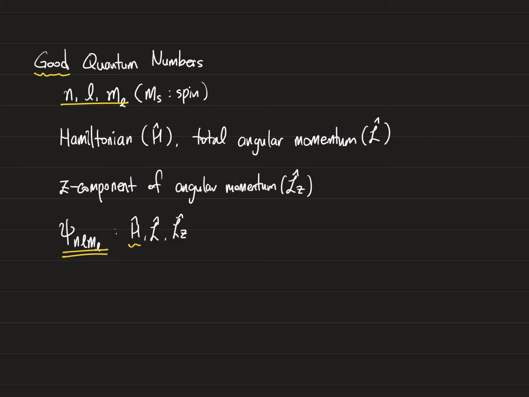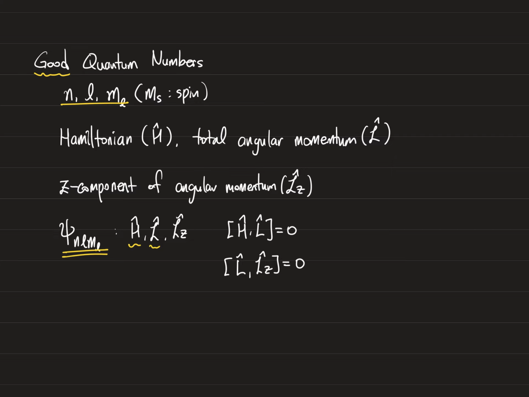We derived this wave function from the Schrödinger equation. And as you may remember, the Hamiltonian and the total angular momentum share the same eigenfunctions, right? Because they commute. Also, the total angular momentum commutes with the z component of the angular momentum.